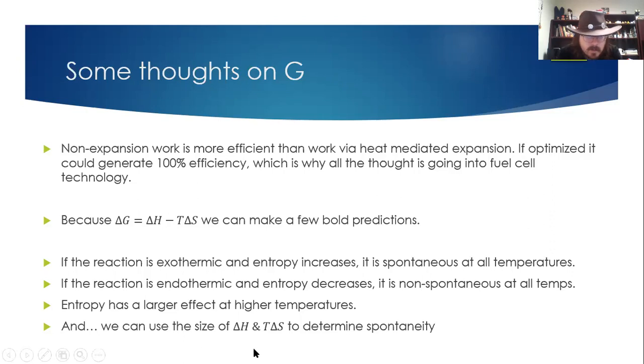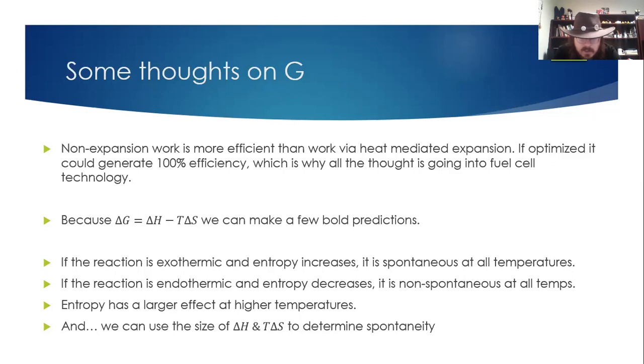But because of delta G equals delta H minus T delta S, we can make a few bold predictions, and this is something we've done before. If the reaction is exothermic and entropy is increasing, it will be spontaneous at all temperatures. If the reaction is endothermic and entropy decreases, it should be non-spontaneous at all temperatures, meaning it will not go by itself.